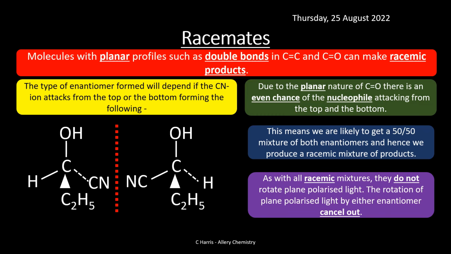So when you pass plane polarized light through a racemic mixture, it gives the illusion that you don't have any optical isomers, but you do, with an equal amount of each, and the light doesn't detect that. You'll go into this a lot more in year 2, so at this stage it's just knowing what a racemate is and how they're formed with carbonyl groups.